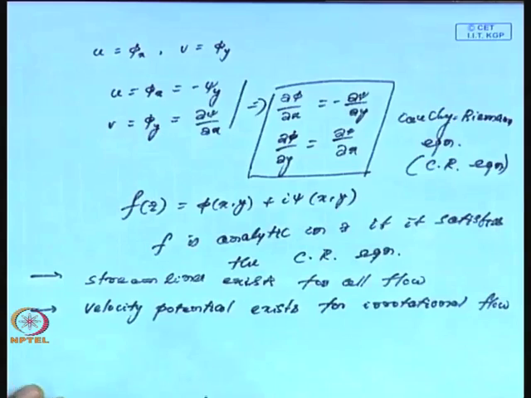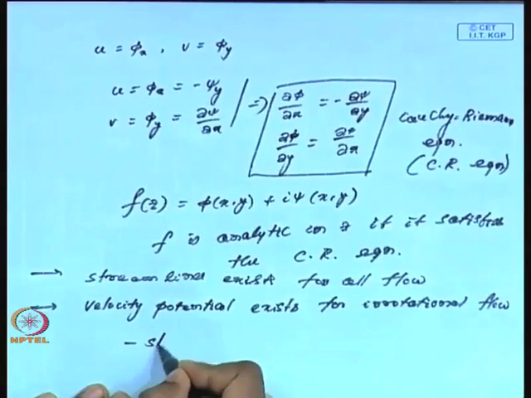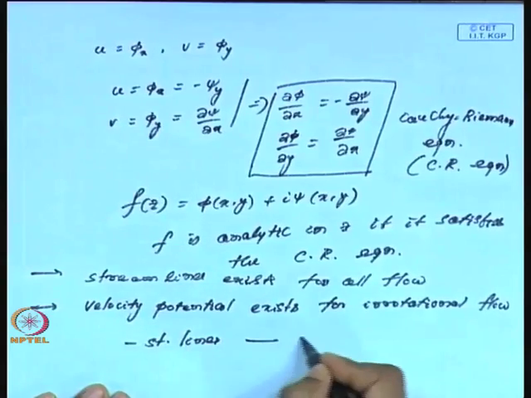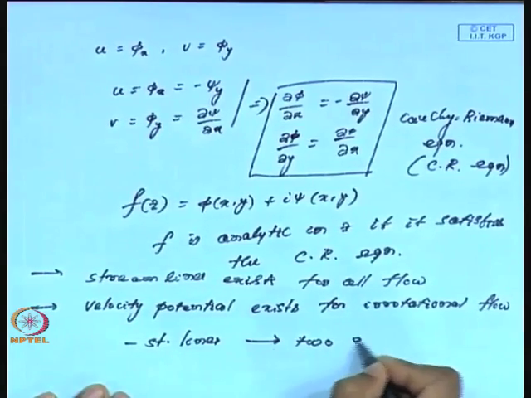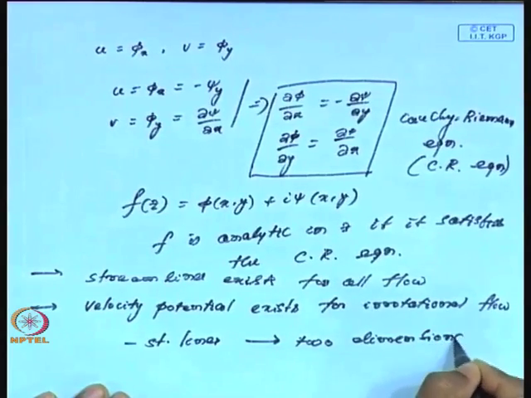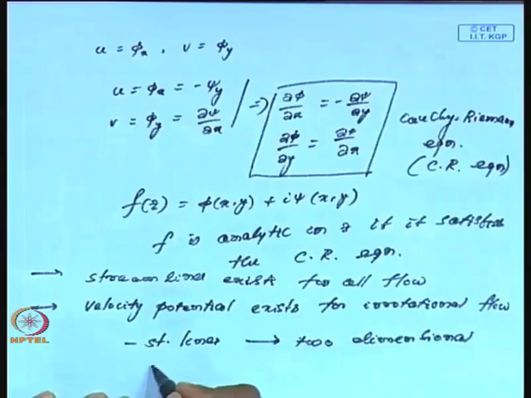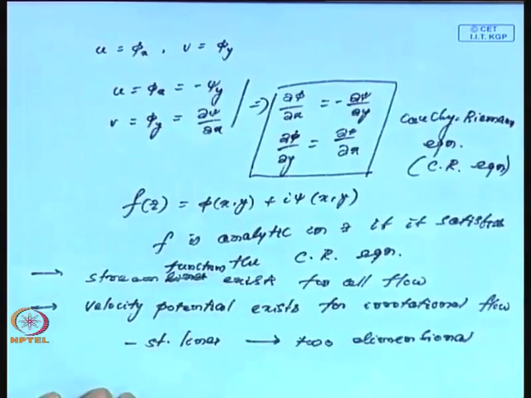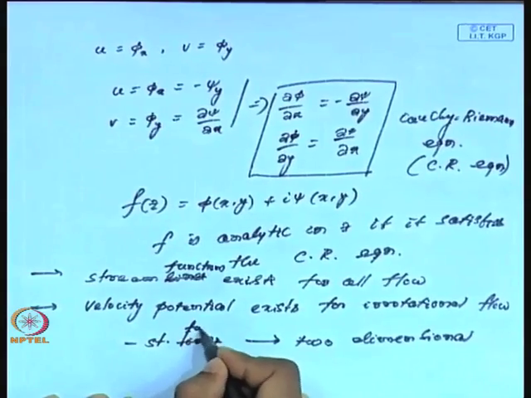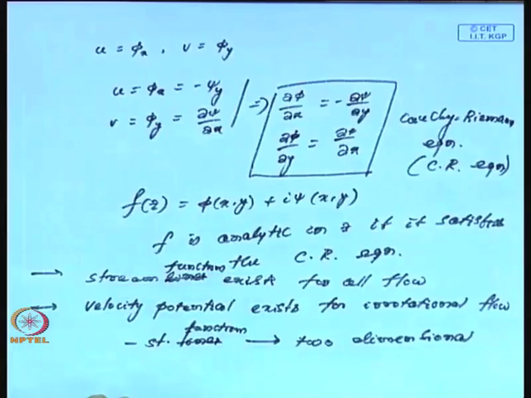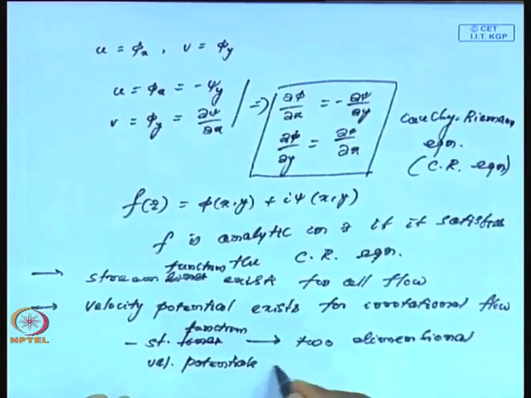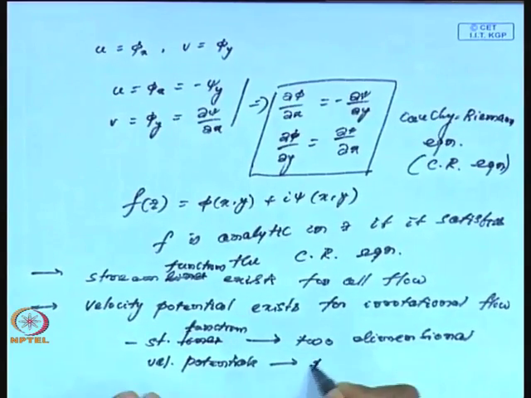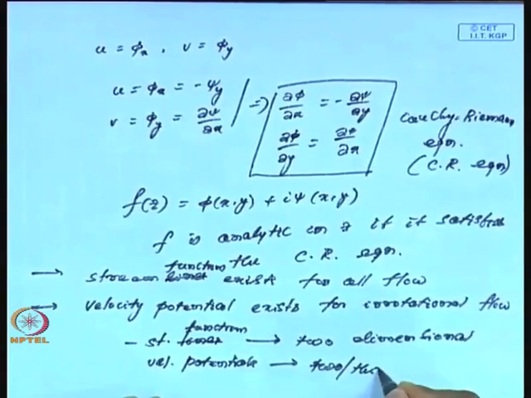On the other hand, the stream function exists only for two dimensional flow, whereas velocity potential exists for both two or three dimensional flow.